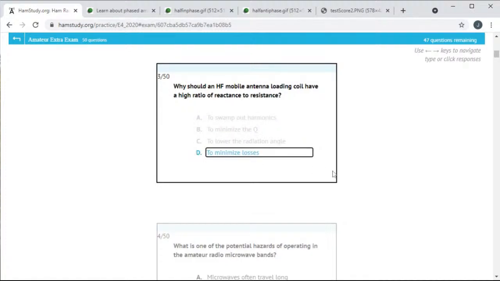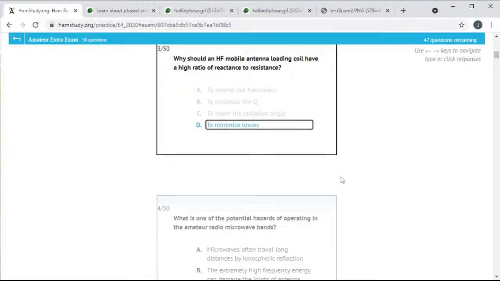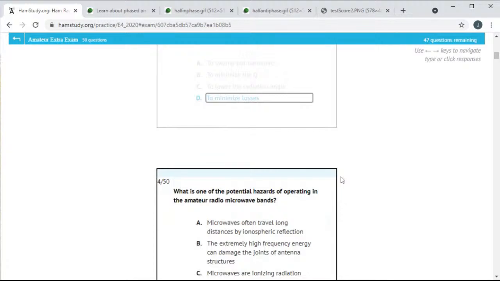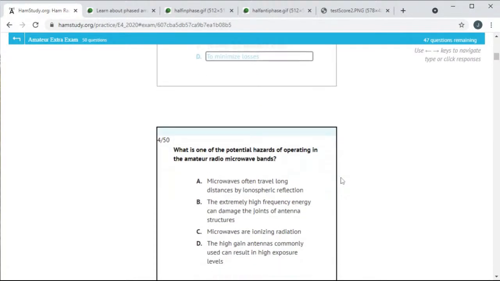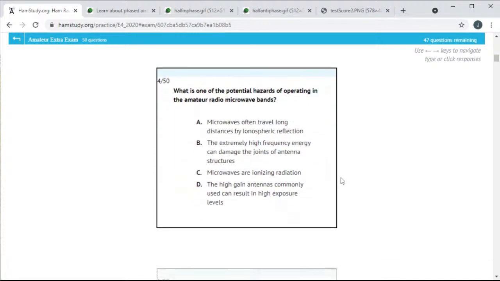I'm pretty sure it's D. You want high reactance to help get to the point where you need to be in relation to the frequency, and you want low resistance because resistance is what changes the signal to heat instead of RF.